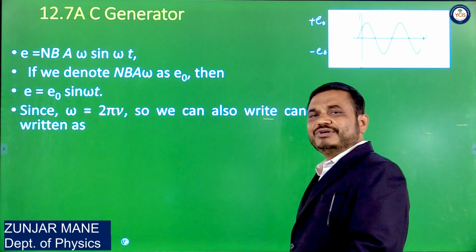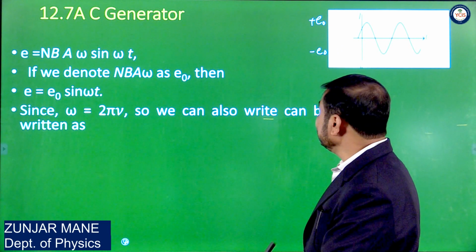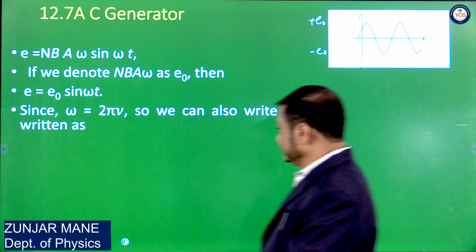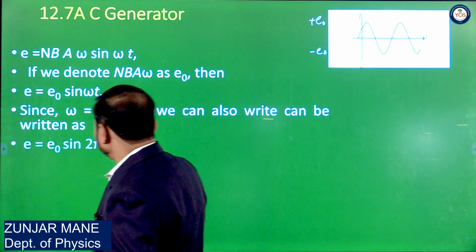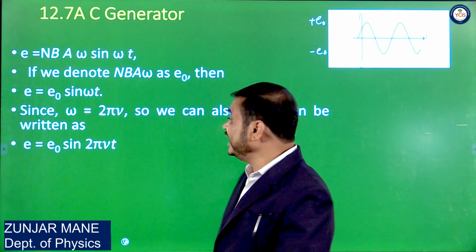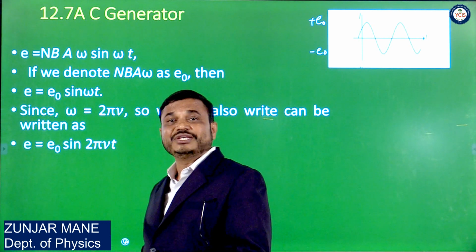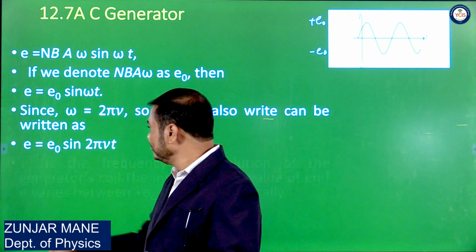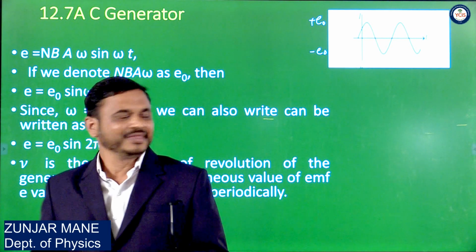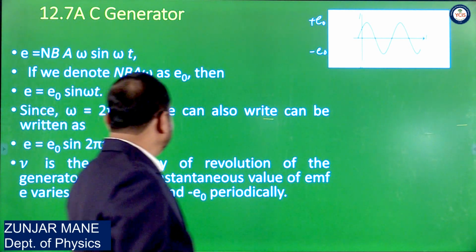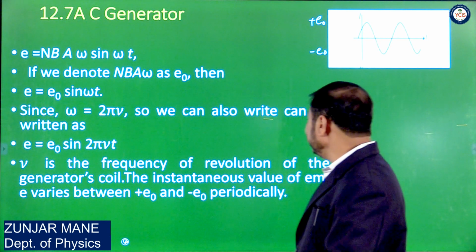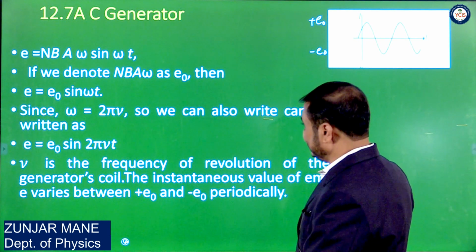Omega is equal to 2 pi nu, where nu is the frequency of rotation of the coil, and in India that is 50 hertz. Substituting omega equal to 2 pi nu, the instantaneous value of EMF varies between plus E0 and minus E0 periodically.